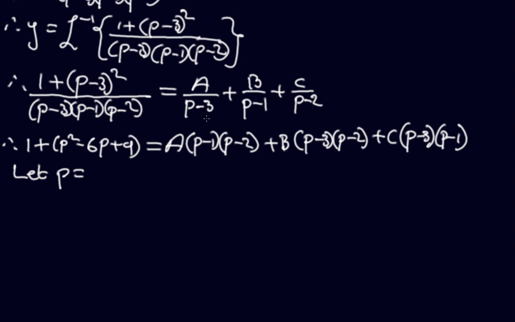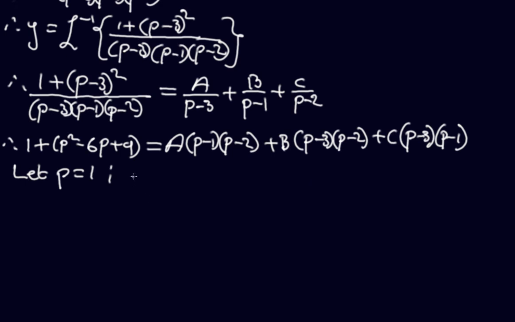So if we do that, for instance if we say p is equal to 1, it means this c term will be gone because it will multiply with a 0. It will disappear. It means we can get b by setting p equal to 1. Just go ahead and get a value of b here.